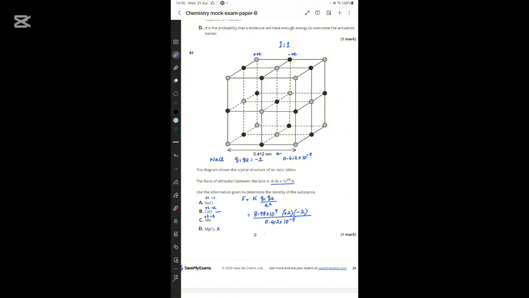Then we get the right answer, which is -8.46 times 10 to the power 29. So our right option is going to be calcium oxide. By putting the values of +2 and -2 as their charges, we are getting this answer. So the right answer is B.